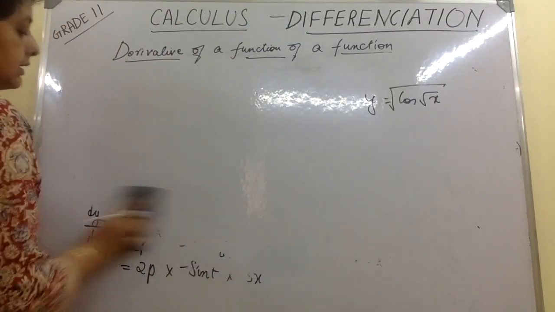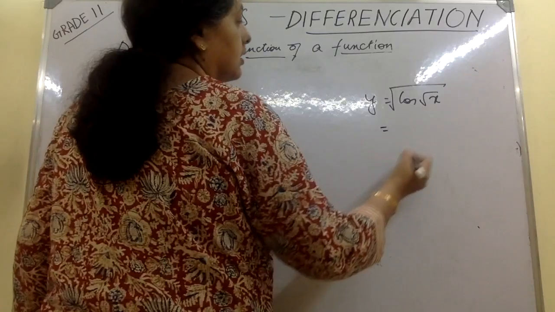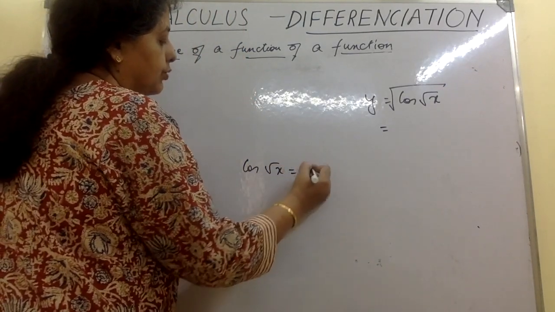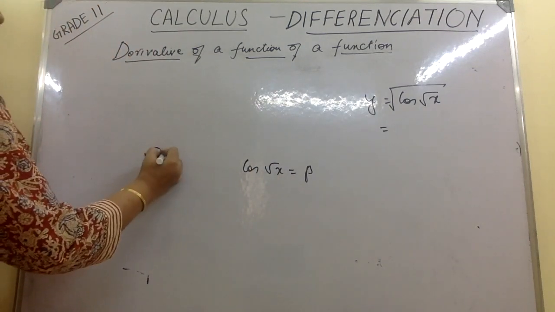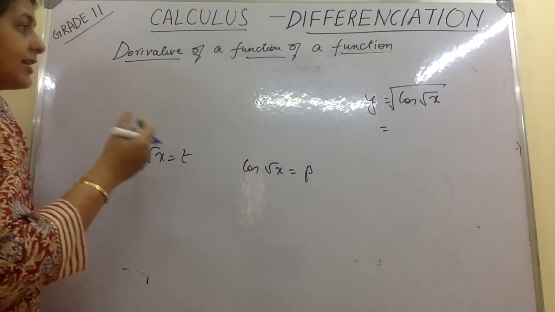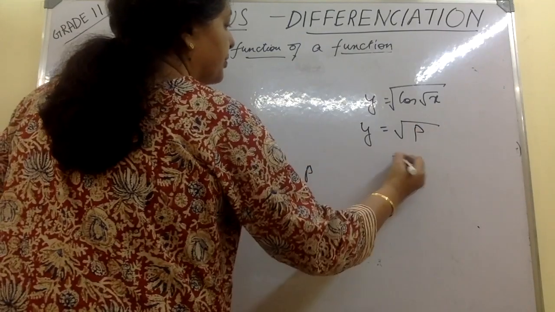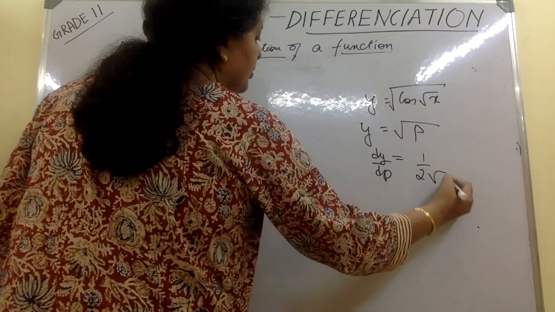This is, see, here again, let cos root x is equal to p. Okay, cos root x is equal to p, root x is equal to t. Okay, as per my convenience I am making, and here y is equal to root p. dy by dp is 1 by 2 root p.